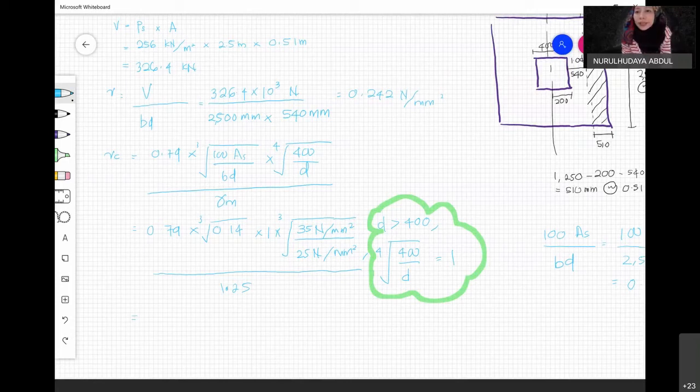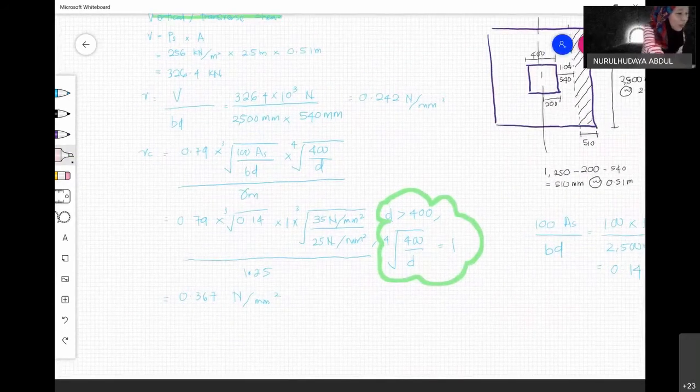Biasa 1.2. Wani cakap 0.367. Betul lah Fakru Adli. Okay, thank you Wani. Newton over mm square. Okay, so bila kita dah dapat this value VC, kita boleh compare. Okay, compare saja value yang you dapat ni.